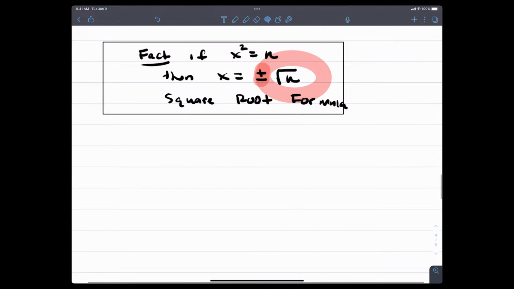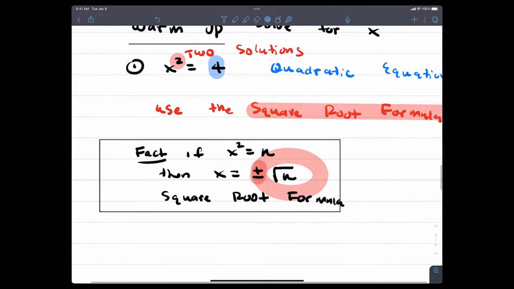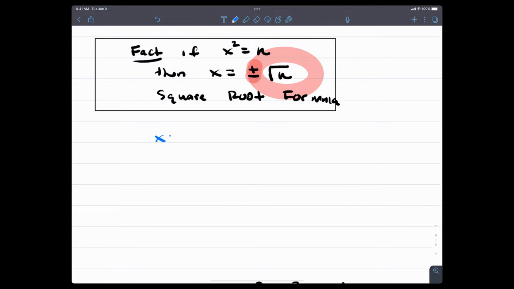So what does that even mean? Well, if x squared is 4, what do we know? That means x will be plus or minus the square root of 4. You guys okay with that? You got to know the square root of 4 without your calculator.